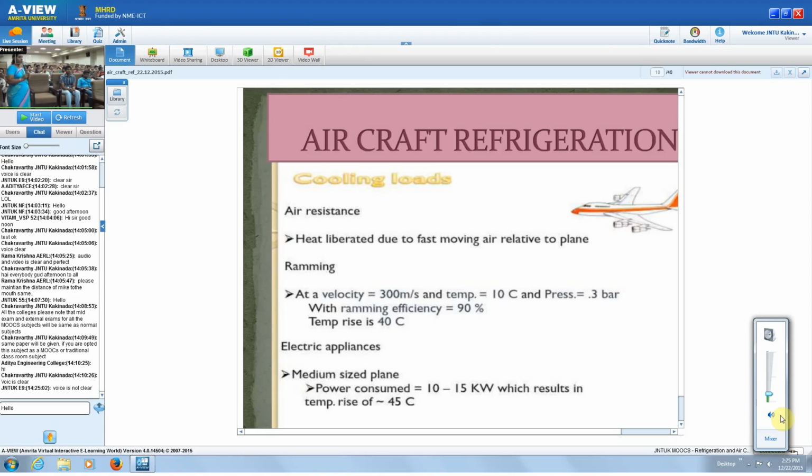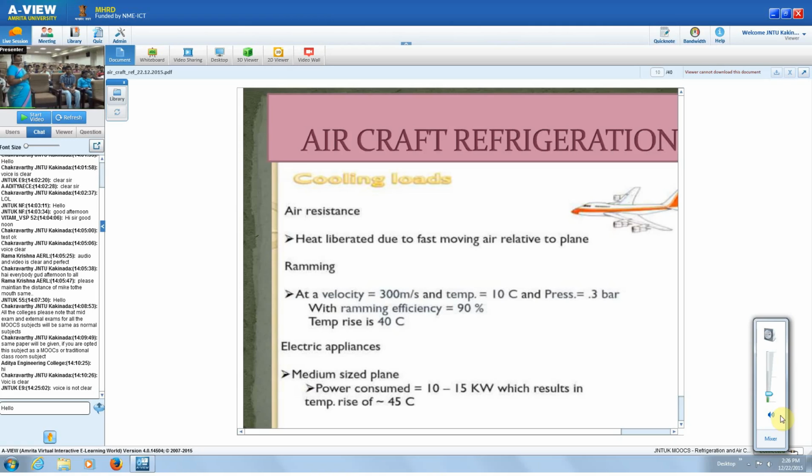The vehicle here is an aircraft. You can see the example at a velocity of 300 meters per second, a temperature of 10 degrees centigrade and a pressure of 0.3 bar. Let us assume these are the conditions when the vehicle is moving at some 10,000 meters altitude.